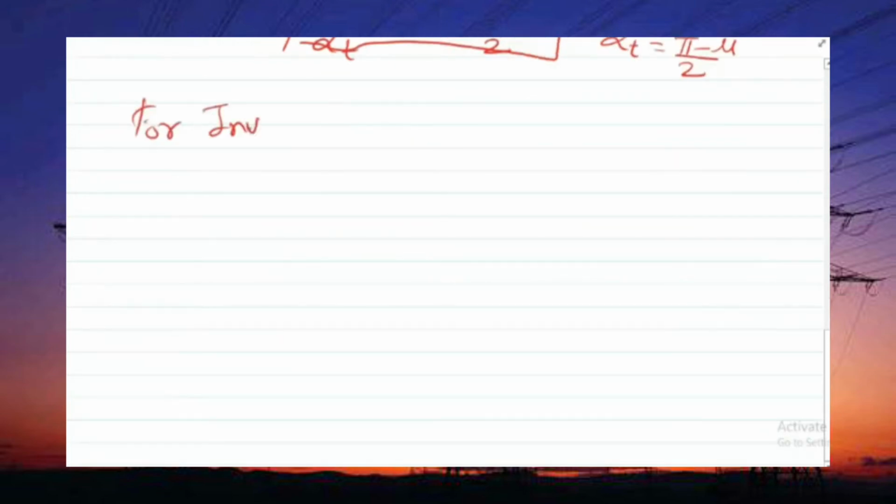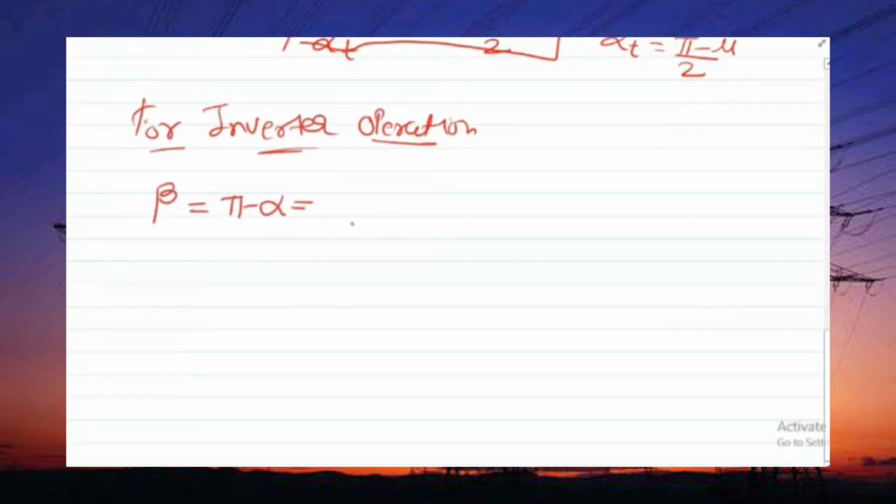For inverter operation, we can write the new angle beta equal to pi minus alpha, which is called the ignition advance angle.